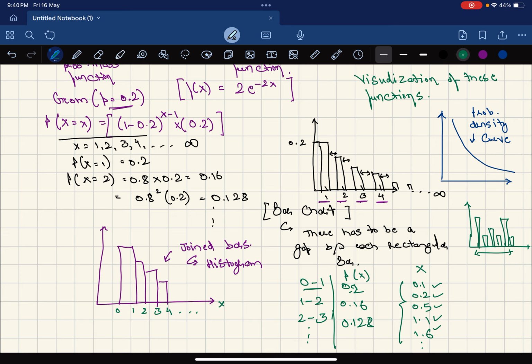So for that, what we do is we combine. So let us say we have the probability here, and let us say this is 0.05, then 0.1, 0.05, 0.1, 0.1, and 0.1. Now what we do is we'll count the values from 0 to 1, and we see there are first three values of x that lie in the range 0 to 1, and the sum of these probabilities is 0.2.